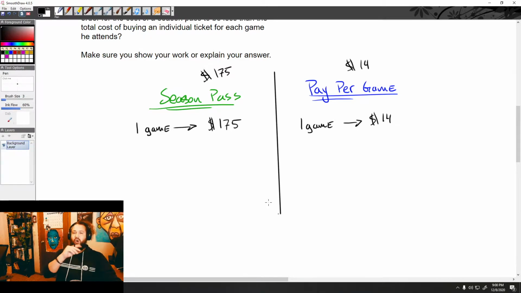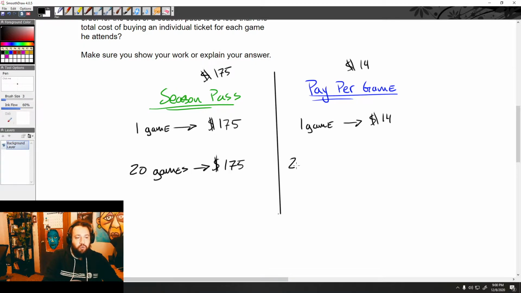Now, let's pretend I go to every single game this season. That is 20 games. What's my total over here? It's the same boring total. It's a season pass. It works for the whole season. So I'm paying $175.